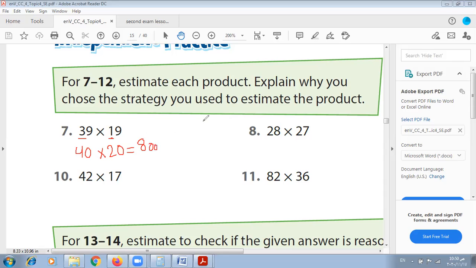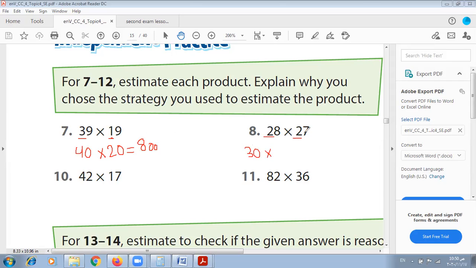We have two zeros, so it's about 800. So the first thing you need to do is rounding, then do multiplying. So here I will round this to 30, and we know how to round. We look at this digit, if it's 5 or more than 5, I will add 1, so that will become 30 times.